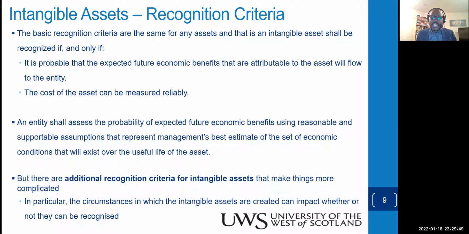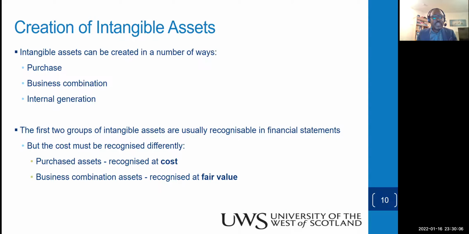But the question is, the company that developed the vaccine, the license they use, the software they use, the process they use, that ingenuity, that knowledge, when should we recognize it? How? Under which circumstances? So that's what we'll be looking at. So the intangible assets are normally created in three ways. Like I said, you can purchase it off the shelf.